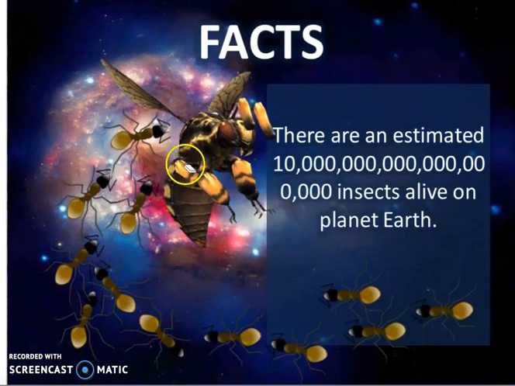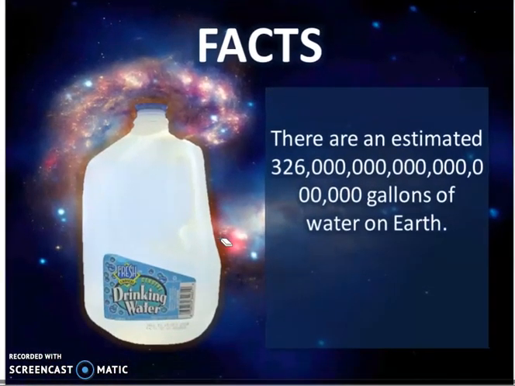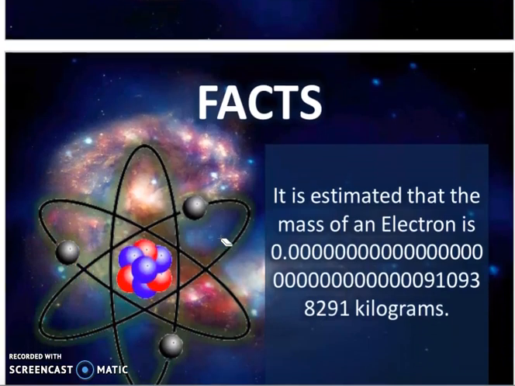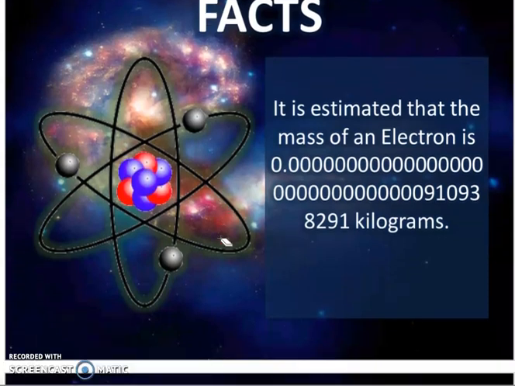There are an estimated 10 quintillion insects alive on planet Earth. Big number. There are an estimated 326 quintillion gallons of water on Earth. It is estimated that the mass of an electron is 0.0000. Again, I'm not going to say it. You get it. It's a very small number.